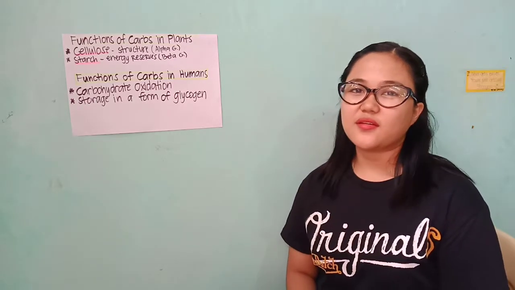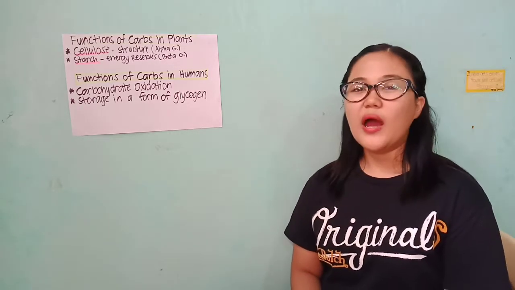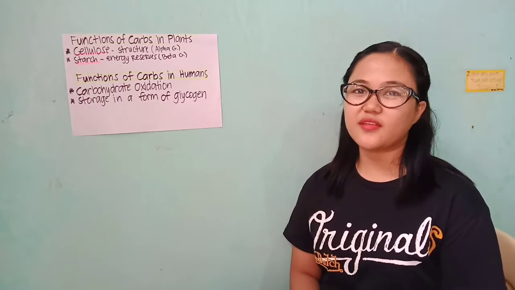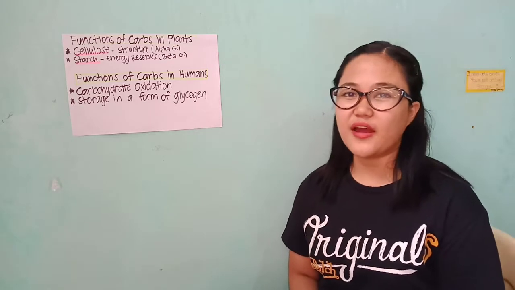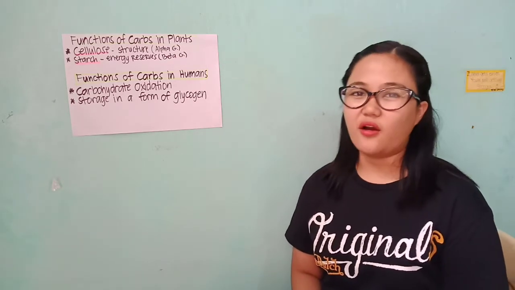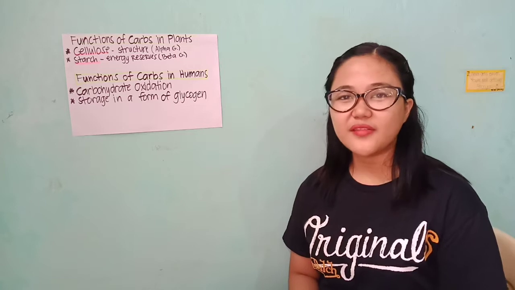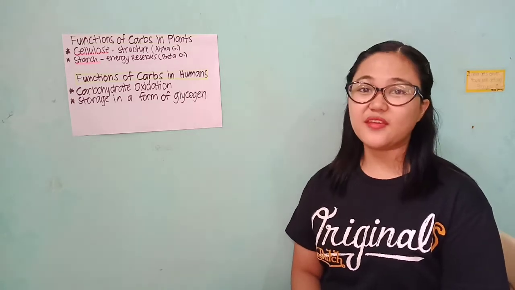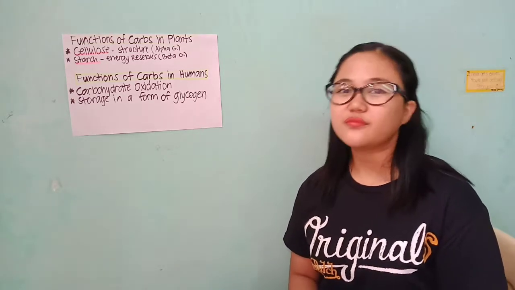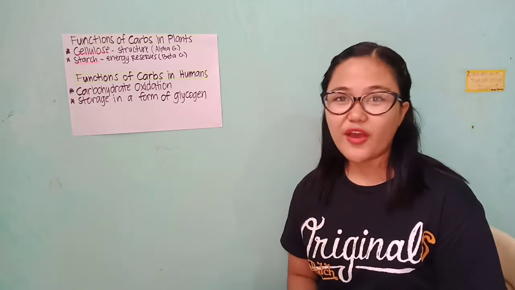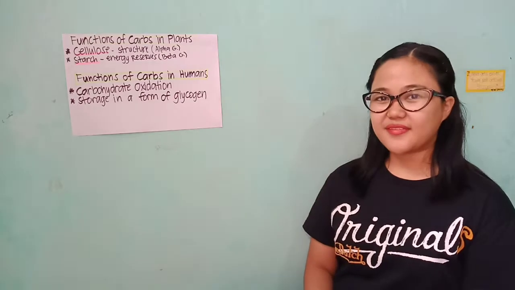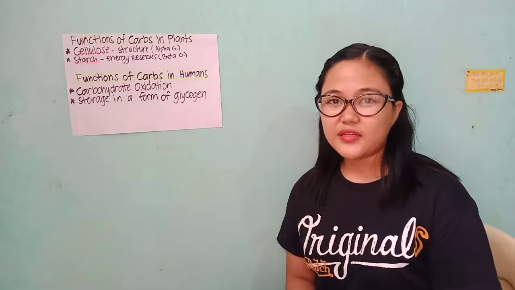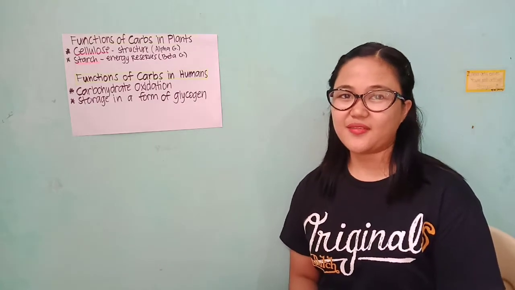What are carbohydrates? Carbohydrates are the most abundant class of bioorganic molecule found on Earth, but their abundance in the human body is relatively low. Also, carbohydrates constitute 75% by mass in dry plant materials.